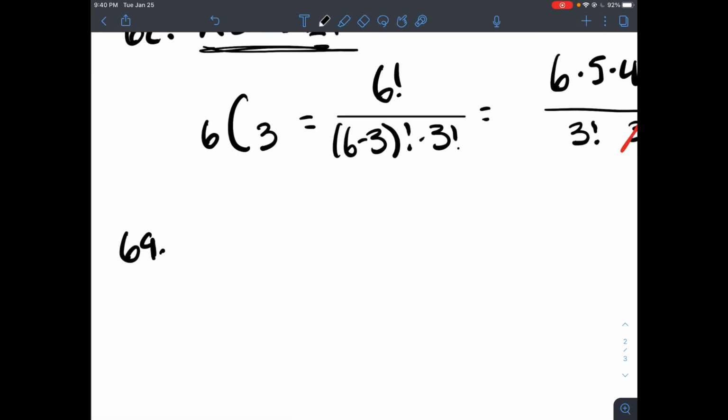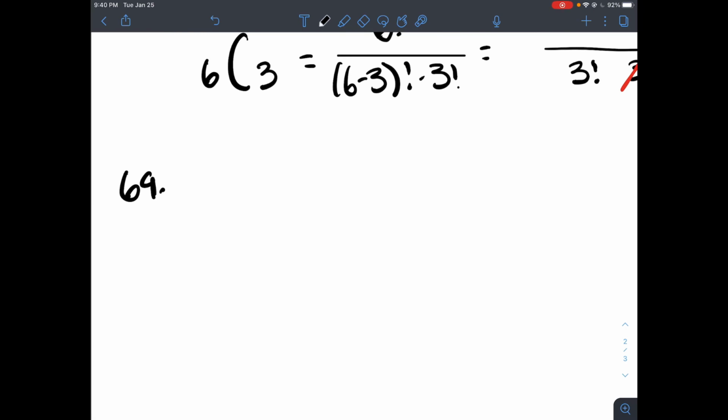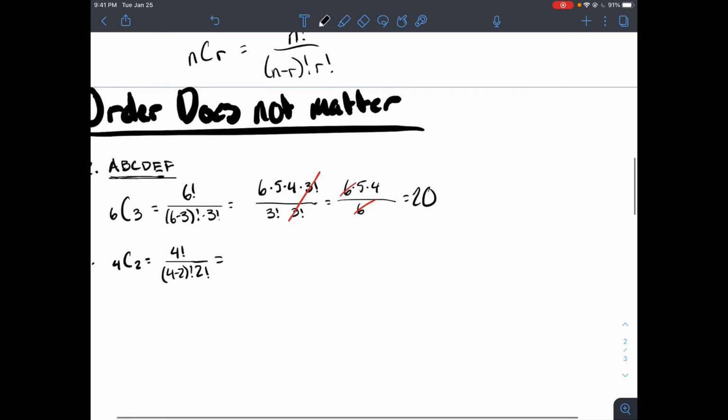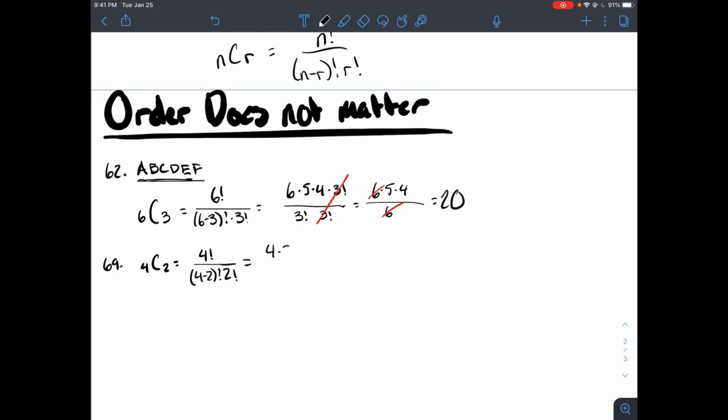So let's think about ways to select 2 jacks. There are a set of 4 jacks inside of a deck of cards. So we have 4 jacks, and we are choosing 2 of them. So let's look at our formula again. We have 4 factorial over 4 minus 2 factorial, 2 factorial. 4 factorial is 4 times 3 times 2 times 1. 2 factorial is 2 times 1.